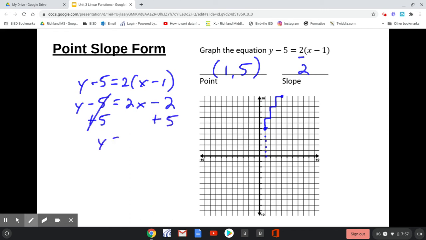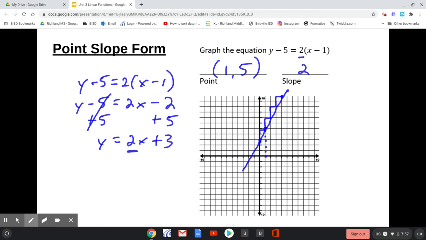And now we have y equals 2x plus 3. We can see that our slope is 2, so we got that right. And we now know the y-intercept is 3. So if I go to the 3 and I go up 2 over 1, we certainly did. You can do it either way. Okay?